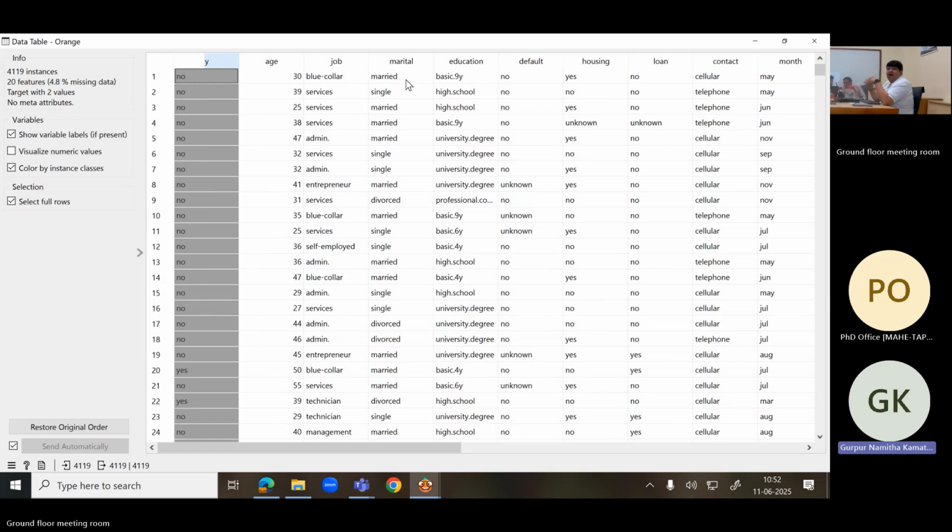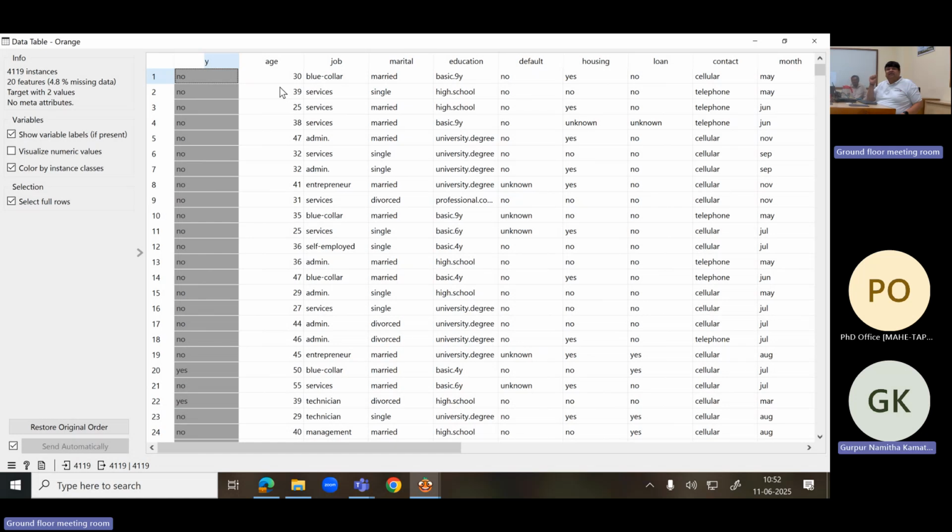See here, each row represents an individual customer of the bank.